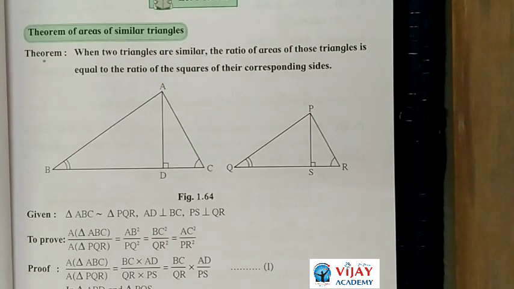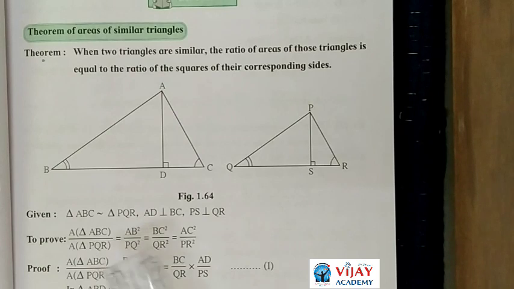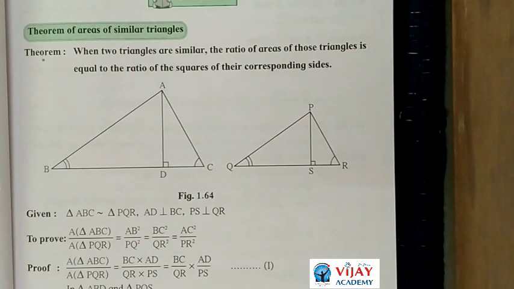You can also define this as area of triangle ABC upon area of triangle PQR is equal to S1 square upon S2 square, where S1 and S2 are the corresponding sides, is equal to H1 square upon H2 square, where H1 and H2 are the heights of the corresponding triangles, is equal to M1 square upon M2 square, where M1 and M2 are the medians of the corresponding triangles.